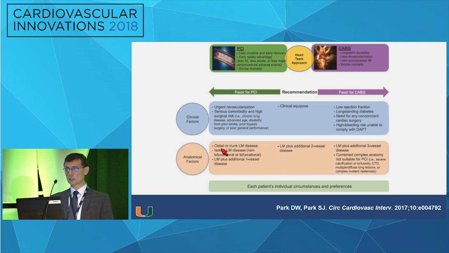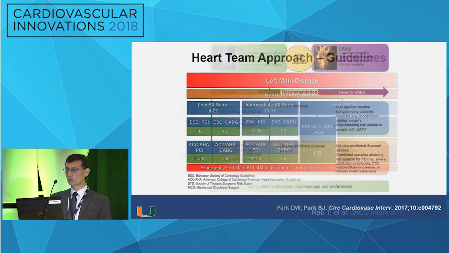If the anatomical factors are favorable for PCI, like ostial or shaft or isolated left main, that's okay. If it's extensive CAD in the higher tertile of the SYNTAX score, then we may favor CABG. And then we have to consider the preferences of the patients.